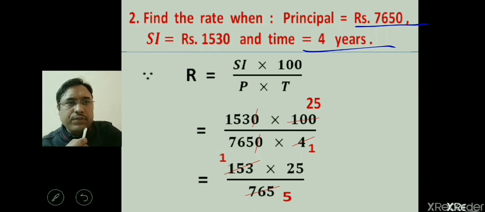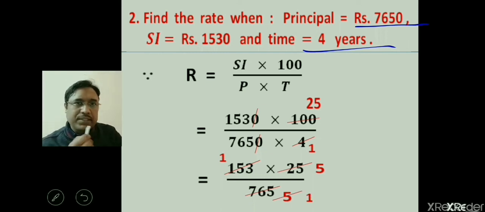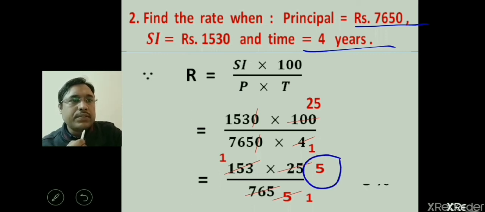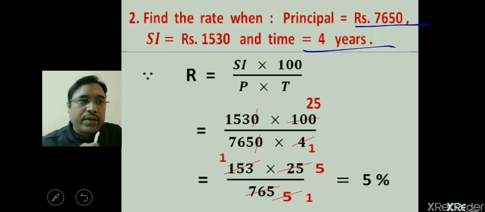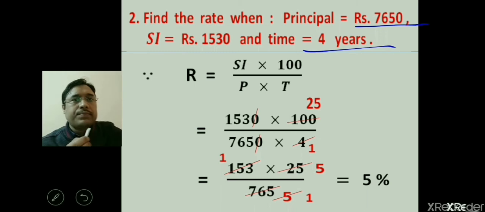Now 5 and 25: 5 into 5 is 25, you cut this, and 5 into 1 is 5. So the result is 5%. This way you are getting the result, that is 5, means 5%. So 5% is the result here.